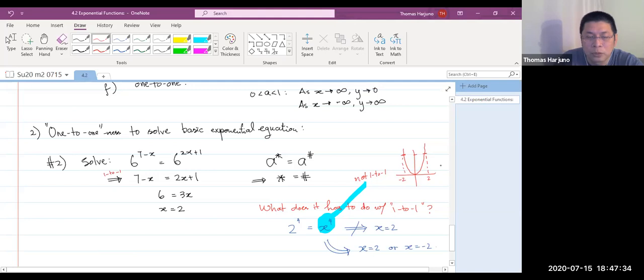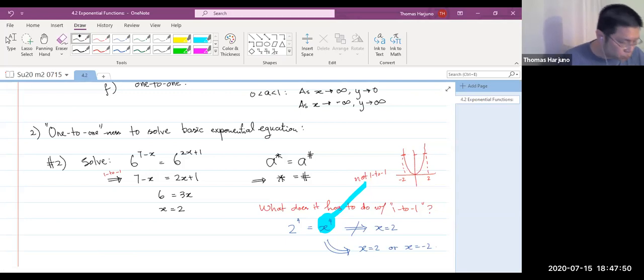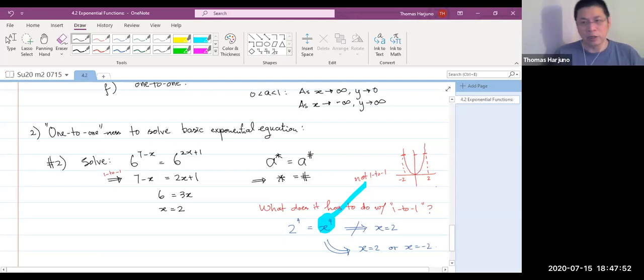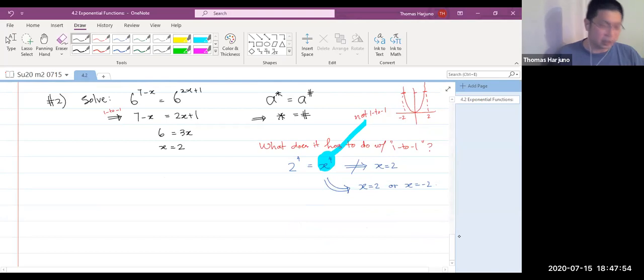Now, for exponential function, from the graph, we know it's one-to-one, such that if you have 6 to the blah equals 6 to the blah, blah should equal blah. Now with that said, to solve basic exponential equations, one basic technique is to change the base into the same base, such that we can just work on the exponent.